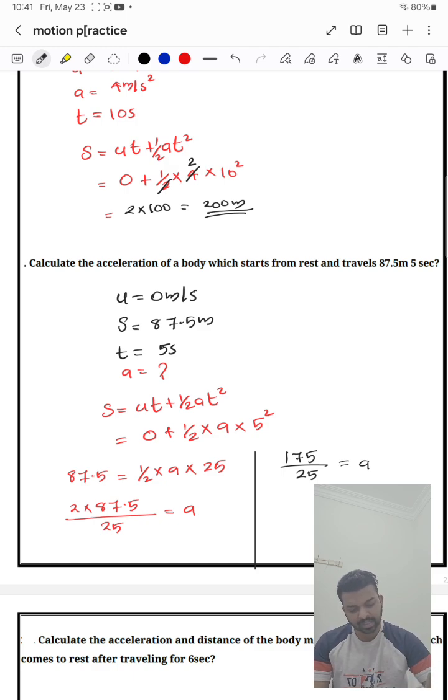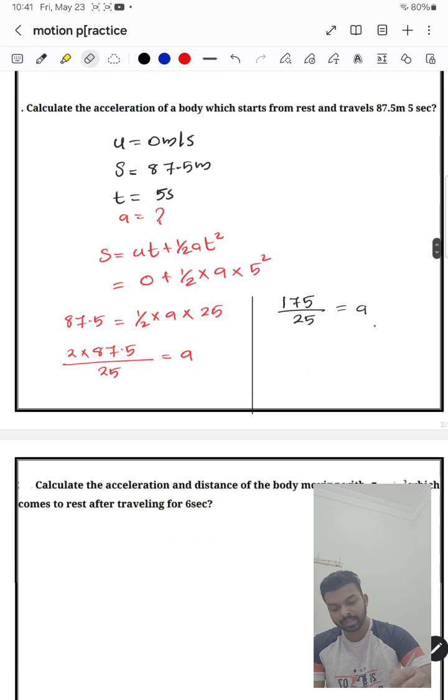So now this is easy. Now a is equal to what? You can cancel 75, it will be 7 times. 150 means it is 6 times, so 175 means it will be 7 meter per second square.